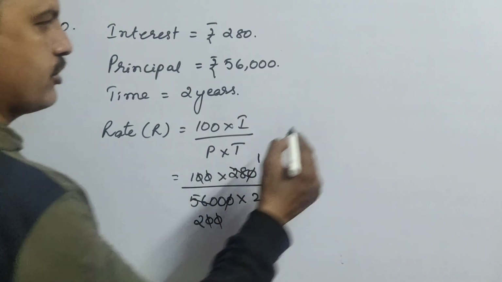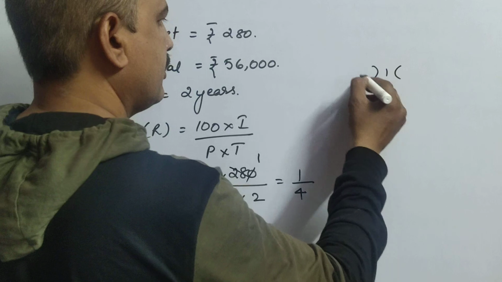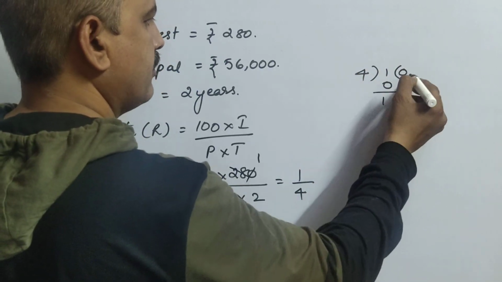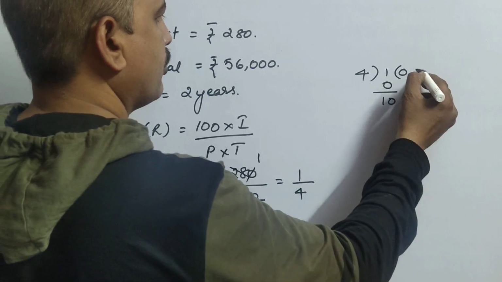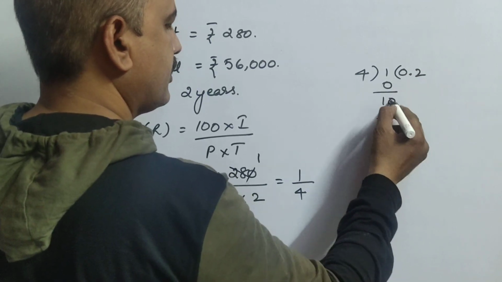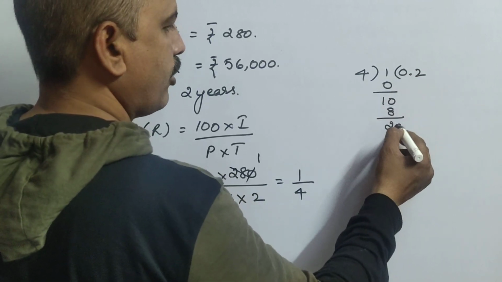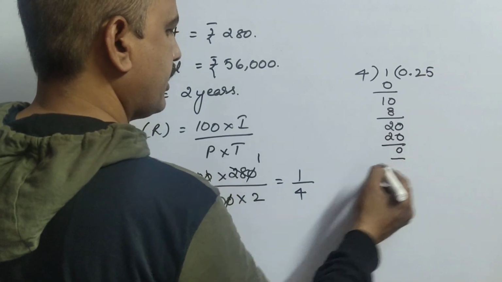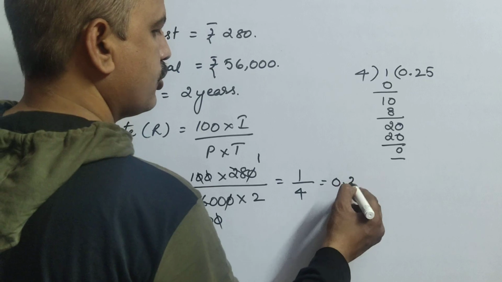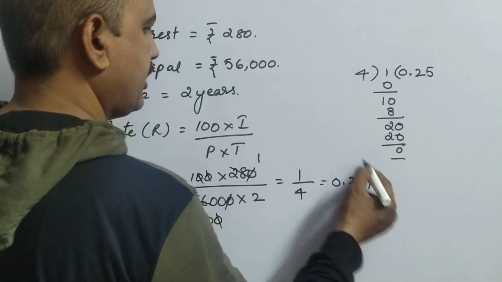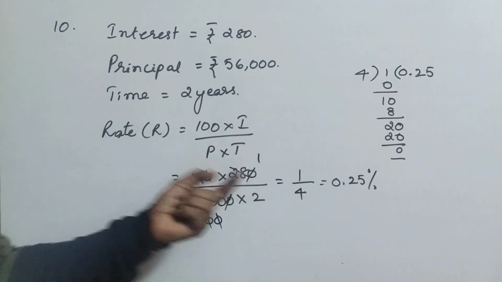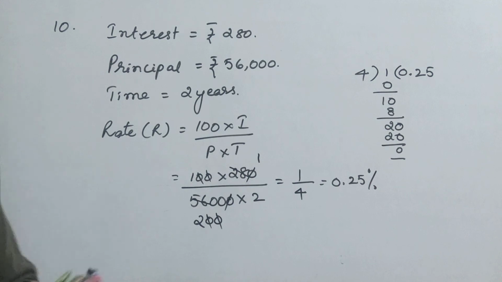Now you have to change this into decimals. 4 zeros are 0, 1.0, 4 twos are 8, 10 minus 8 is 2, point is there already, 0, 4 5s are 20, so that is 0.25 percent. Okay, so that is the rate. The rate of interest is 0.25%.